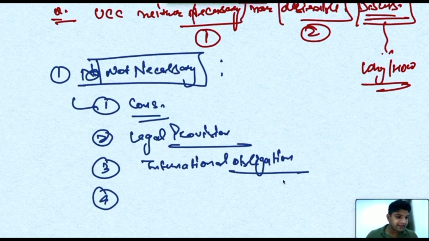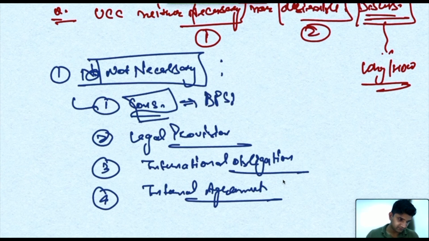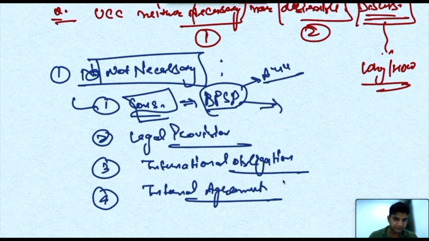Now I'm telling you how to generate the points. In the constitution it's a part of the DPSP, not a part of fundamental rights, Article 44. So it's not necessary that we have to implement it, nor is it justiciable by the court. So this became the reason.